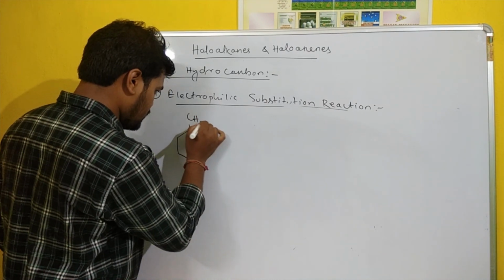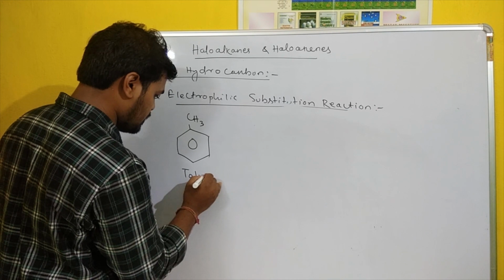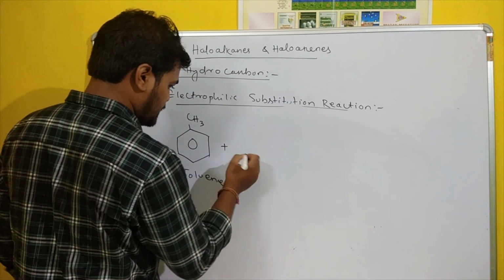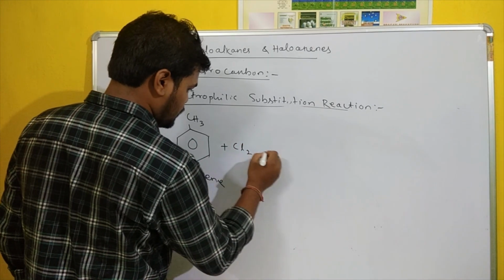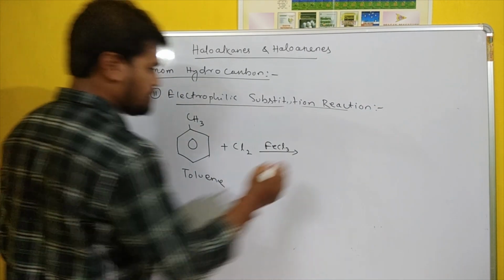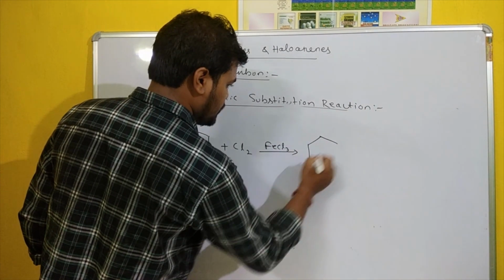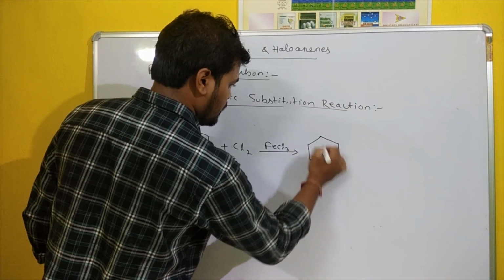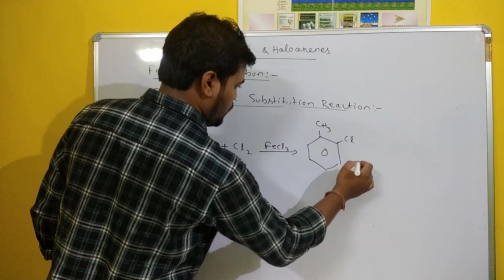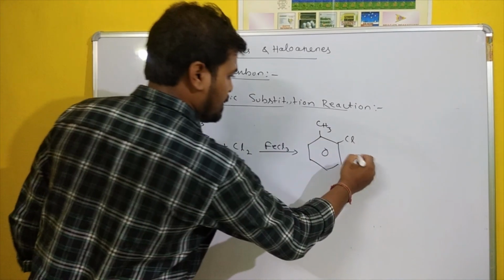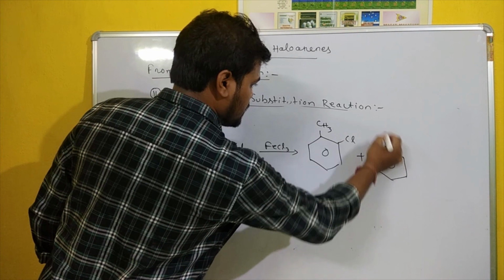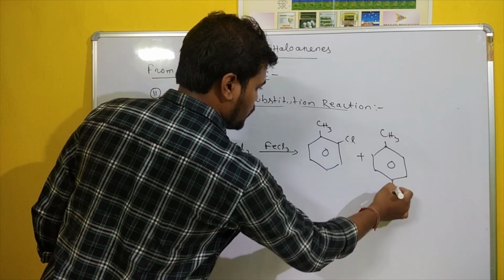Let's check an example. This is toluene. When toluene reacts with Cl2 in presence of FeCl3, it gives a mixture of ortho and para chlorotoluene.